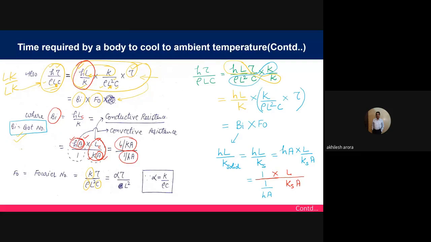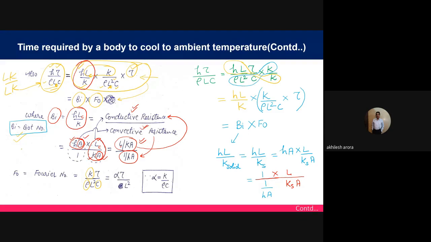Now what is this term, L over KA? You remember the case of the plane wall. This L upon KA is the conductive resistance, and 1 over HA is the convective resistance. So basically Biot number is the ratio of the conductive resistance to the convective resistance.